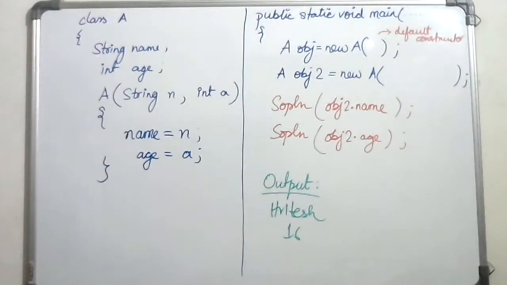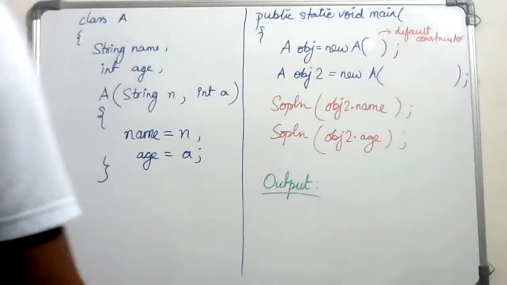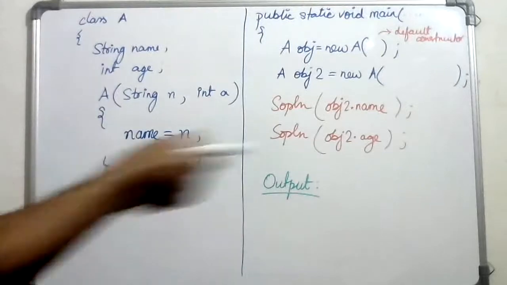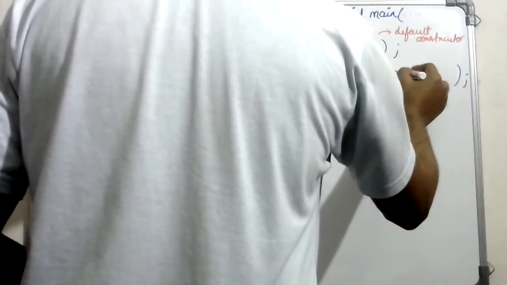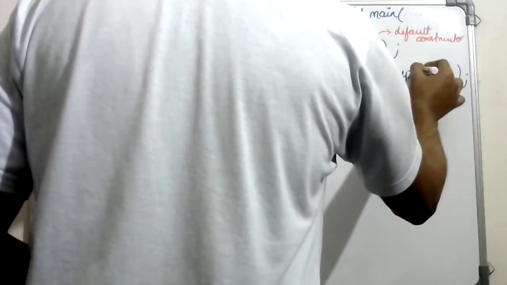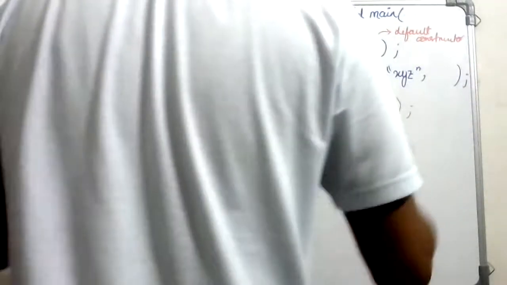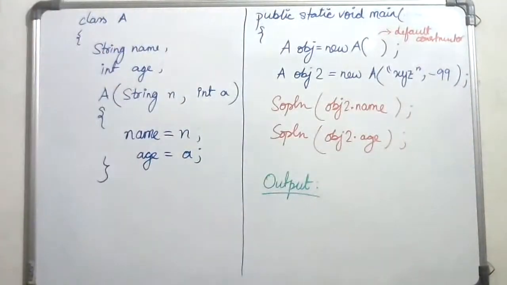Let's say you do not like the values null and 0 provided by the default constructor, and you want a customized value, something of your choice. You'll just provide xyz instead of null and 0, or a negative value. 0 is the default value, so let's say I want to provide minus 99. I could provide anything.